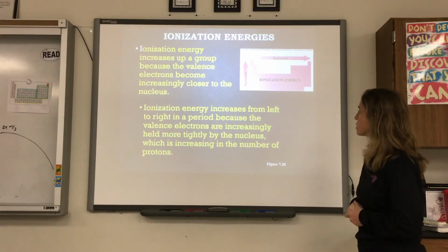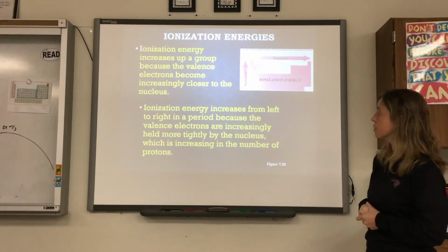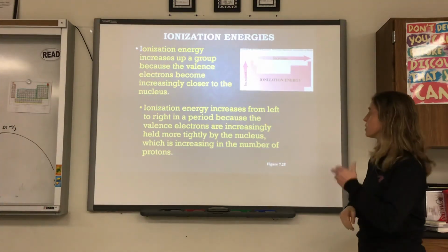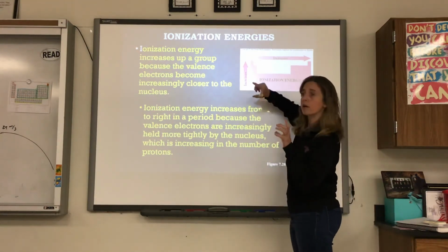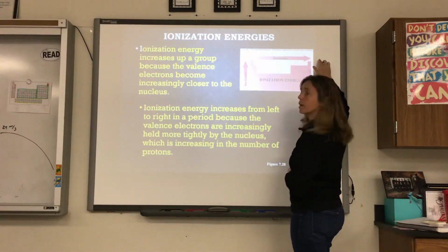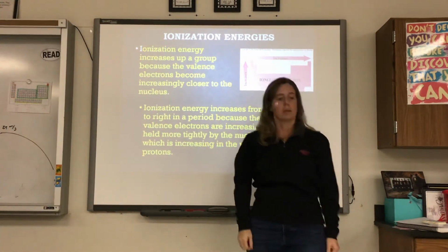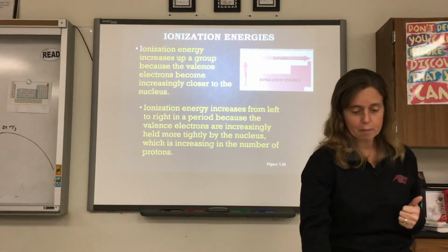Ionization energy increases from left to right in a period because the valence electrons are increasingly held more tightly by the nucleus, which is increasing the number of protons. Okay, so here you go. So on your chart, you want to write it increases this way and increases this way. Okay, so it goes up and then over. All right?